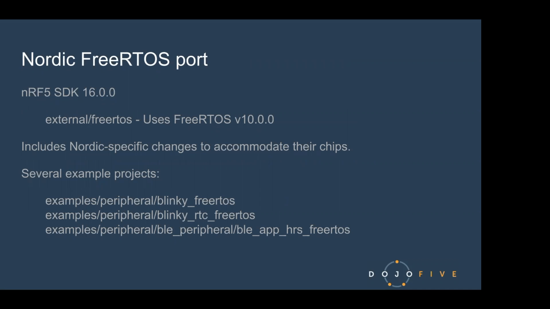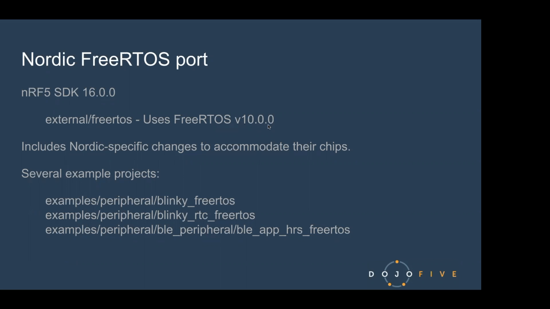So now we're going to jump to just the specifics of the chip I chose to demo on today. It's the Nordic FreeRTOS port. I'm using nRF SDK 16.0. 16.0 has all kinds of examples, including a lot of bare metal examples. But they do include in their external directory a FreeRTOS version.